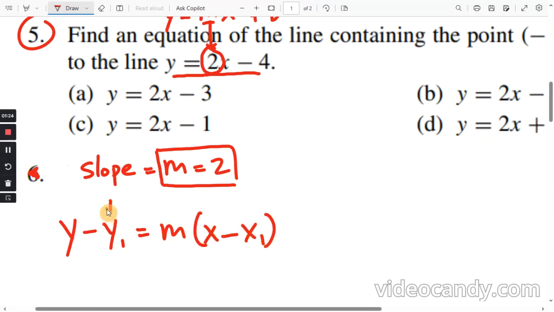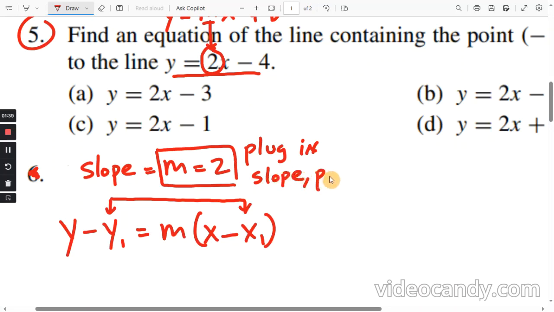All right, just like before, we need to plug in the point at x1 and y1. So you want to plug in the slope and a point.